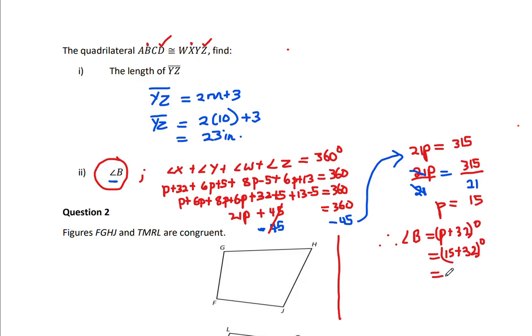So the answer for B is 47 degrees, and that completes the problem. That's how we would solve that.